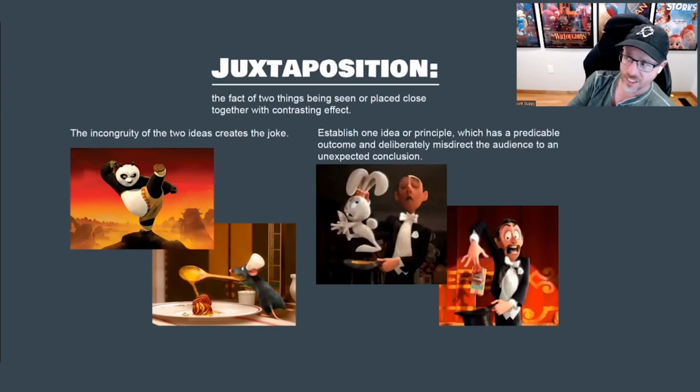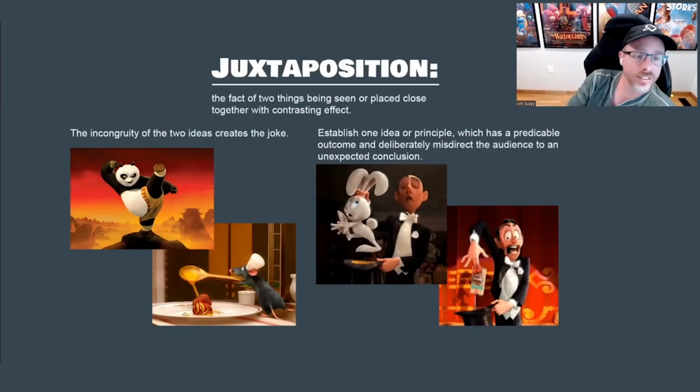Juxtaposition can also be used in a story concept, as in, I don't know if everyone's seen Presto, Pixar's Presto. It's setting up the magician. I don't know why I couldn't think of magician. Pulling out the rabbit in the hat.